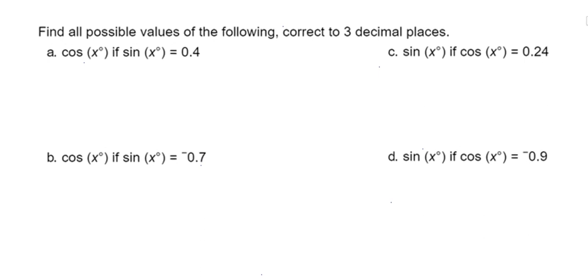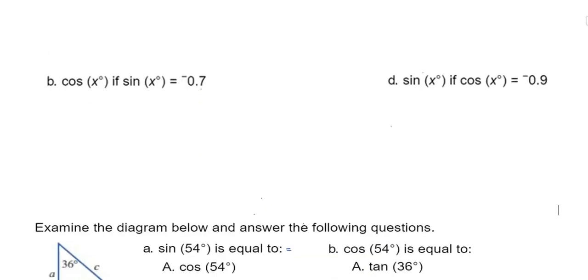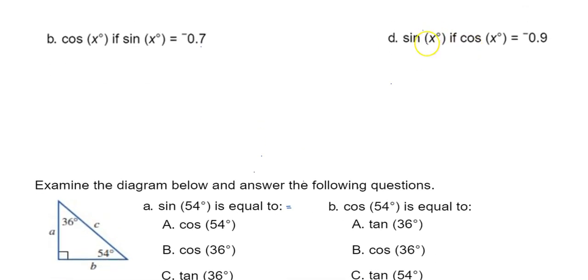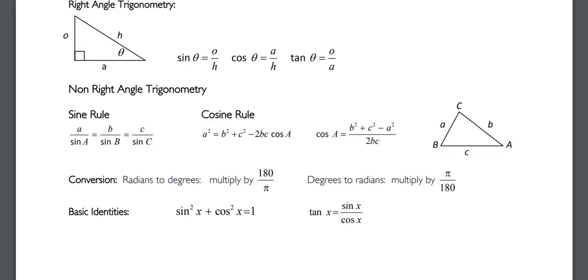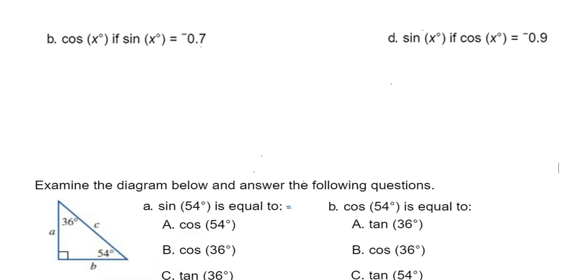I'm going to do one more. I might do this one down here. They've told us what cos of x is, so if we want to find sine of x, we're looking at that same formula. So let's try it.